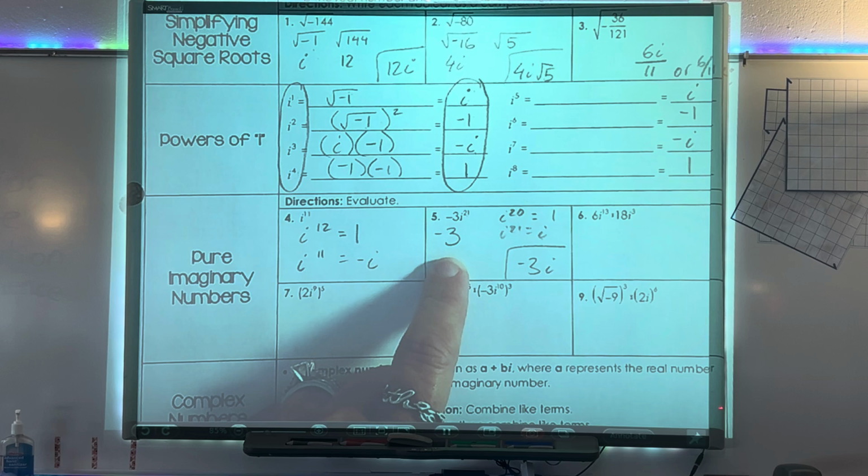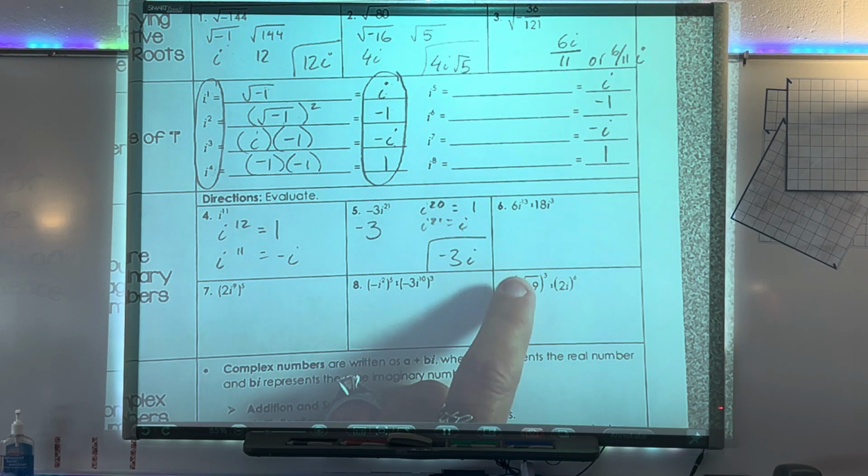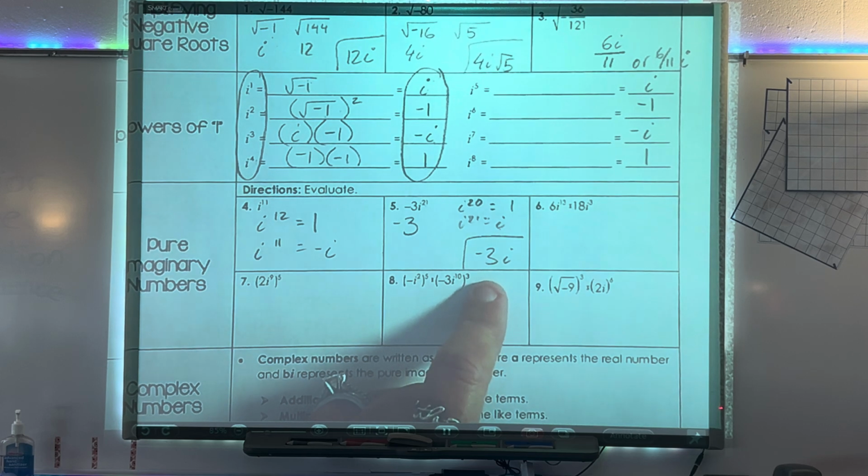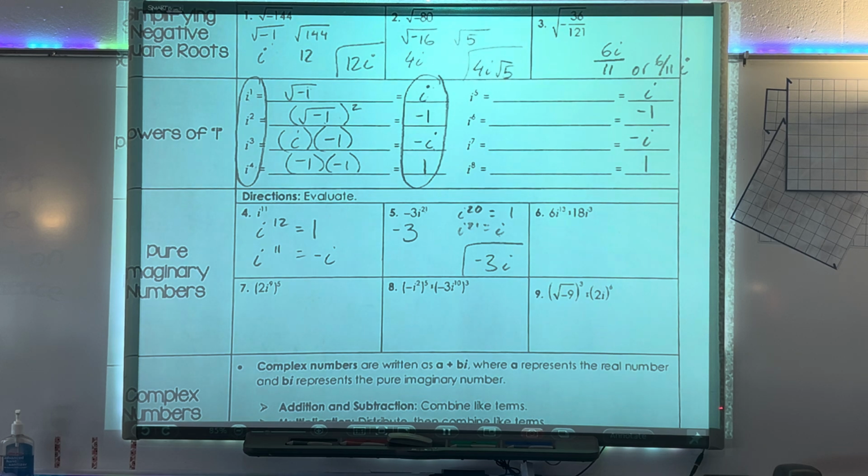You understand what I'm saying with the pattern? Go ahead. Since 3 is a factor of 21, why couldn't it just be negative i? Because it just doesn't work that way.